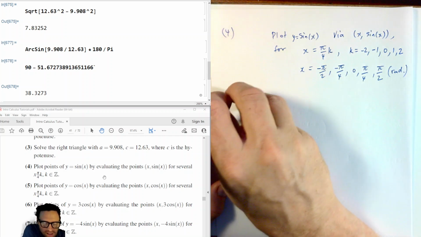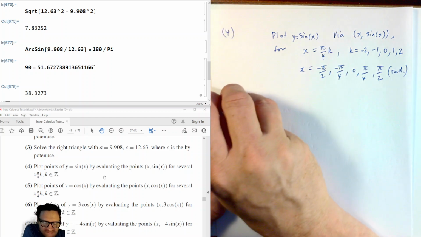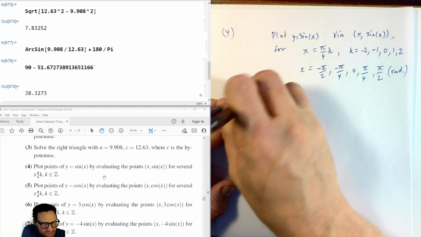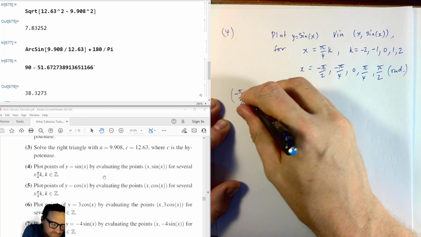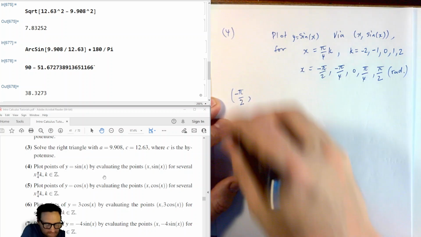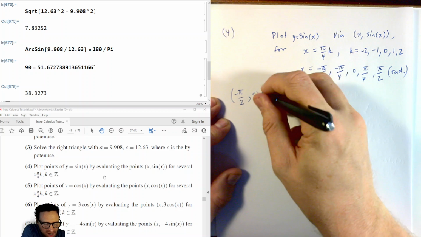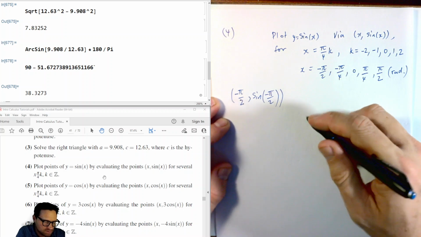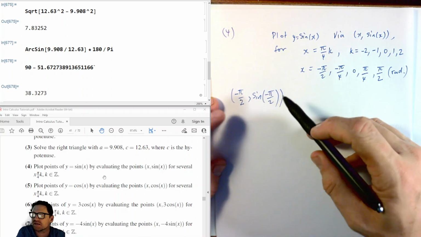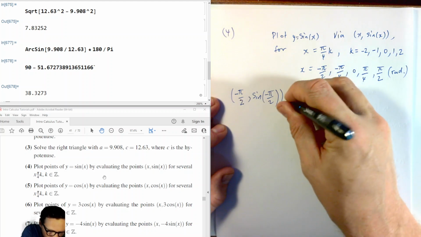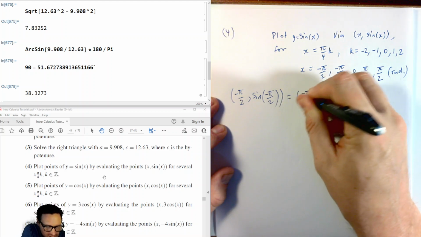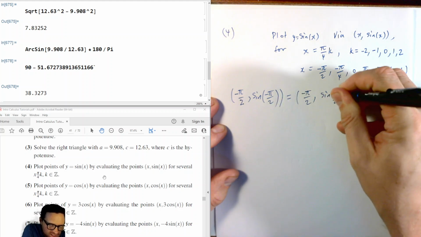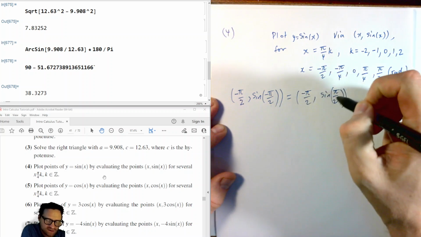When x is minus pi on 2, we've got sine of minus pi on 2. This is sine of minus 90 degrees, but we can represent this as sine of plus pi on 2, because these are the same.